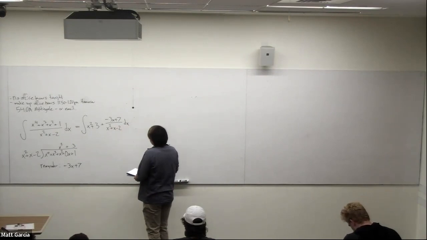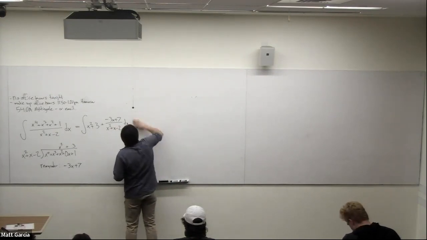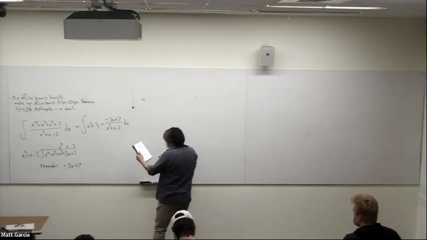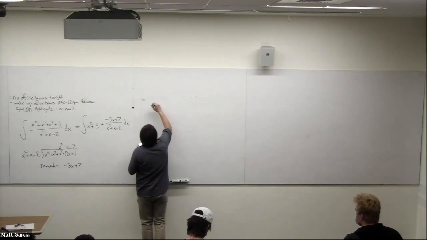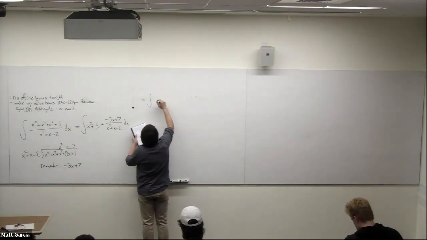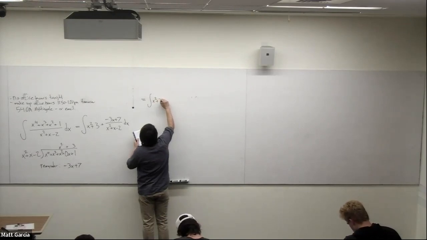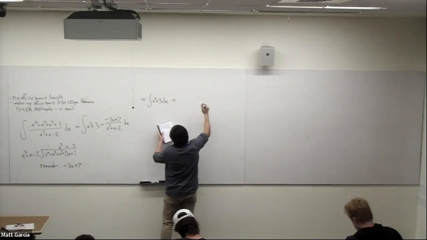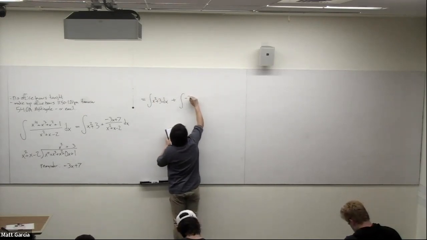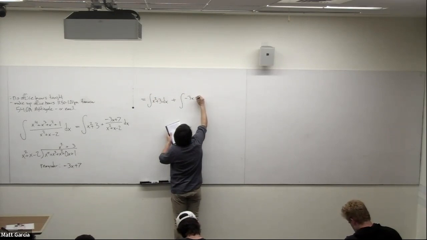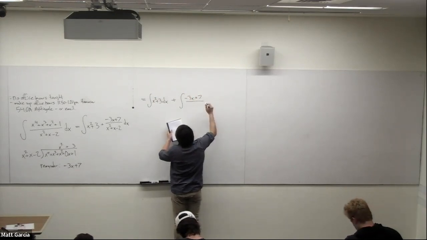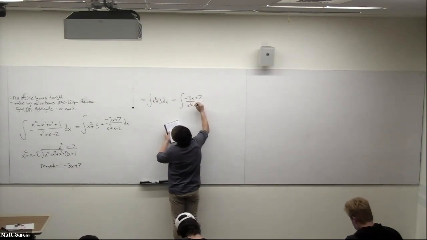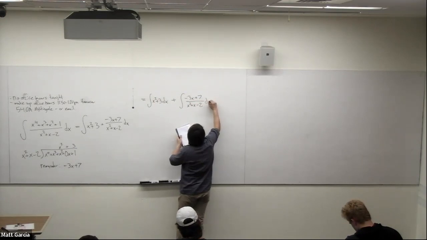Okay. So that is to say, now we will use first linearity, right? We'll take the integral of x squared plus 3 dx plus the integral of negative 3x plus 7 divided by x squared plus x minus 2 dx.